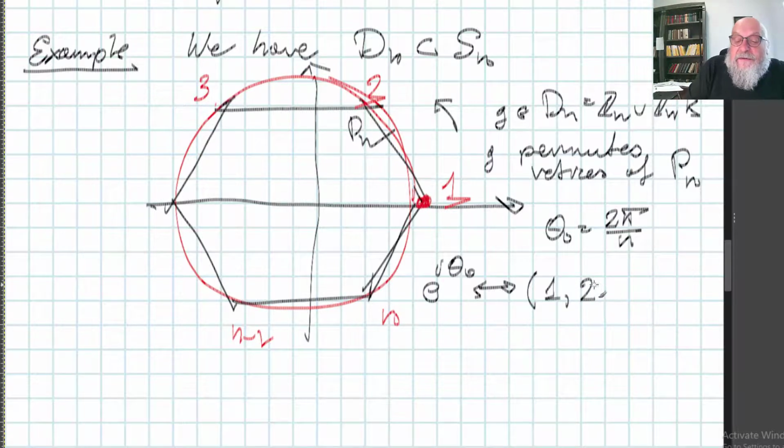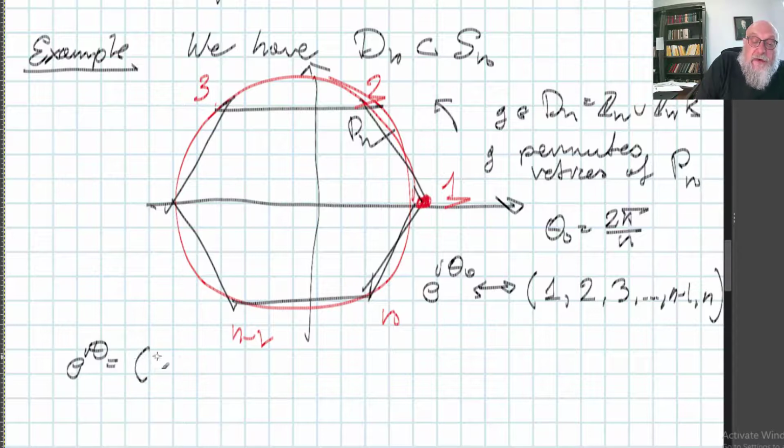Vertex 2 goes to number 3, and so on, and n minus 1 goes to n. So this is a cycle. The rotation goes to the cycle. In the case of 6 elements, e^{i theta} will correspond to 1 goes to 2, goes to 3, goes to 4, goes to 5. That's your gamma.